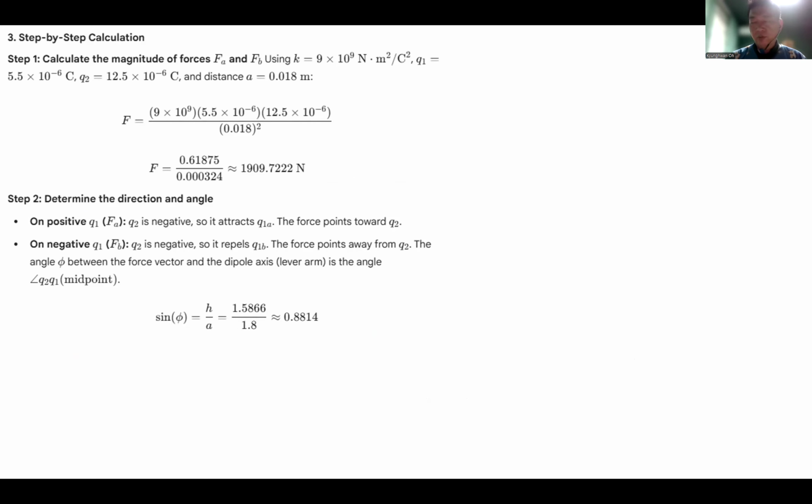And then we can calculate the force F from Coulomb's law, and then we can get R cross F. From this, the angle between them is important.